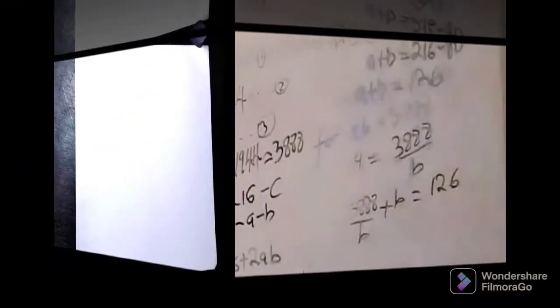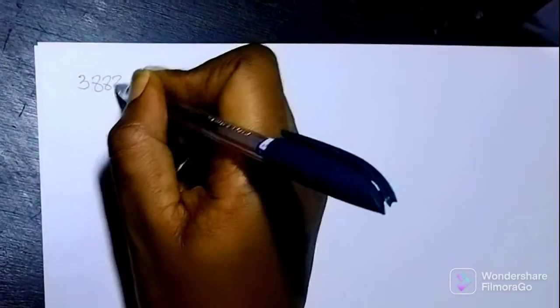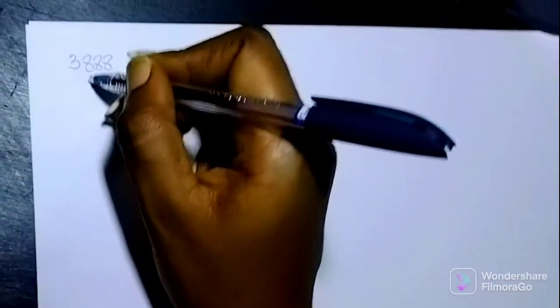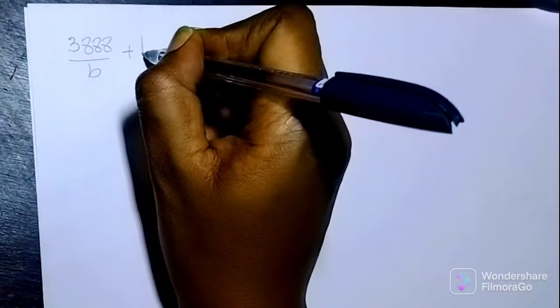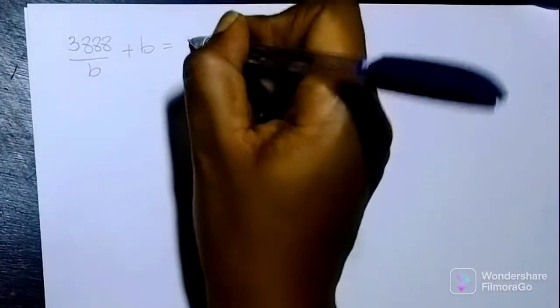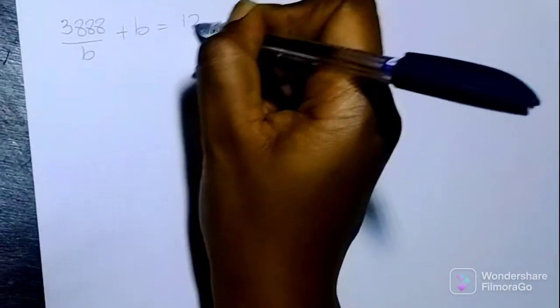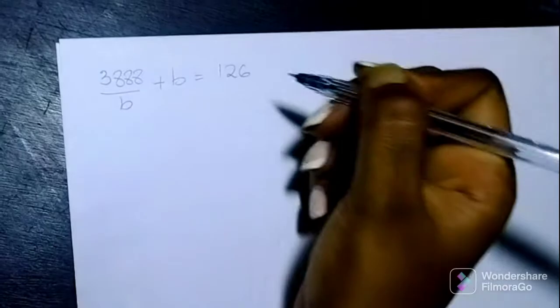Alright? We are quickly going to continue this question. I did not envisage it to be very long, but we're just going to see how we're going to crack it up. So we start at 3888 over B plus B equal to 126.